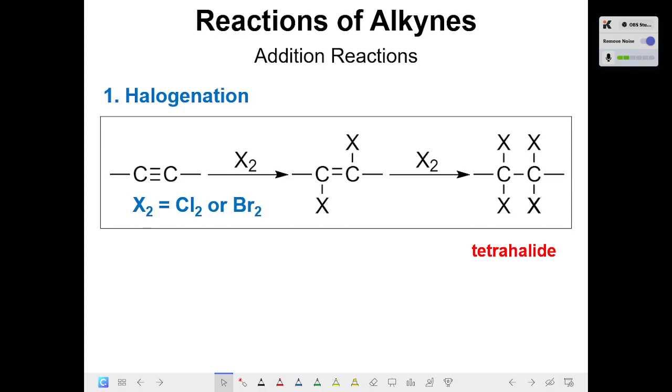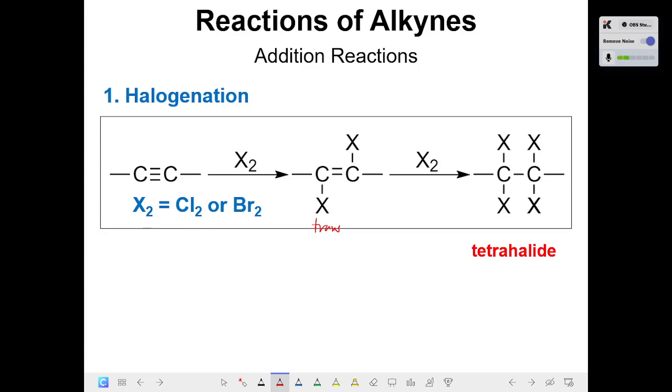And as you can see here, the addition is opposite siya. 'Di ba? So ito ay nakatrans yung kanyang orientation. Now, if you have another round of halogenation, what will happen ay itong ating carbon-carbon double bond with the halogens will react with the halogen, and then makakaproduce tayo ng yan.